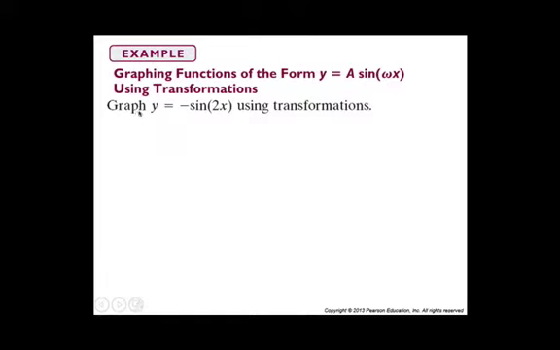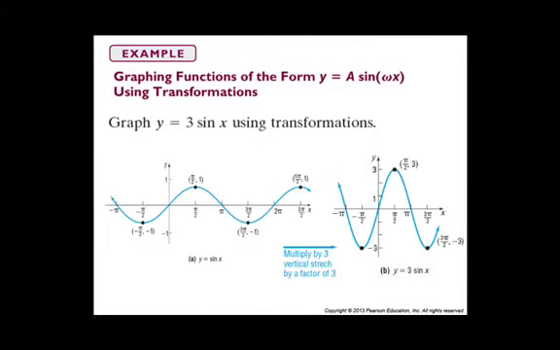Here, we're going to graph y equals negative sine of 2x. Now, we have to be careful because we've got a minus sign in front. Step back real quick. Notice that we start at the origin of 0, 0 on a standard sine of x, and we go increasing till we get up to 1. Once we get to 1, then we start on a decreasing slope.